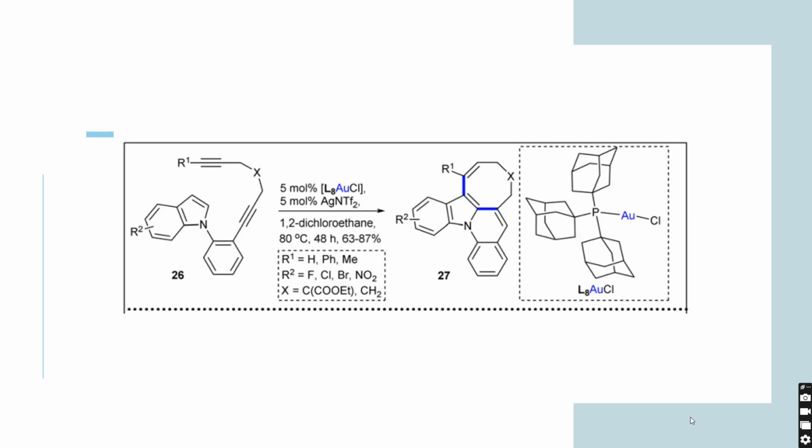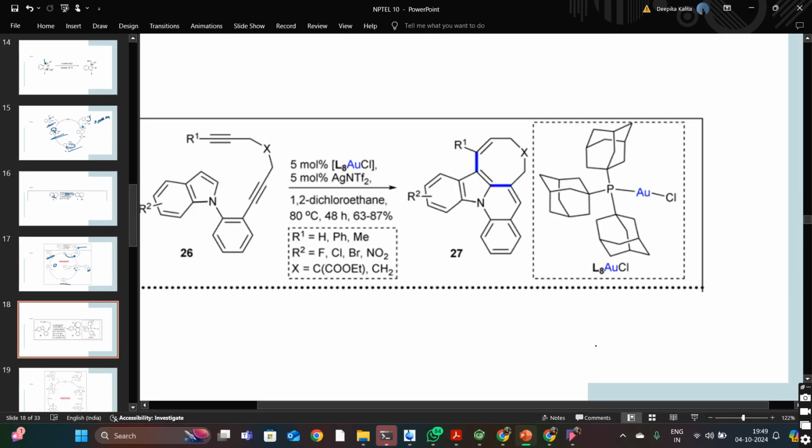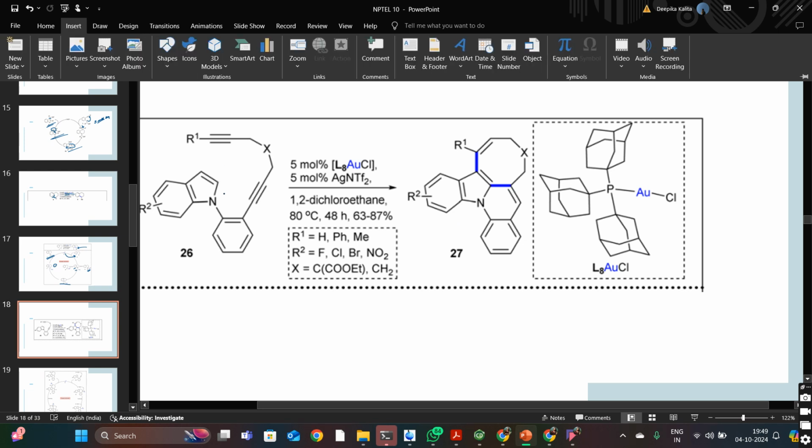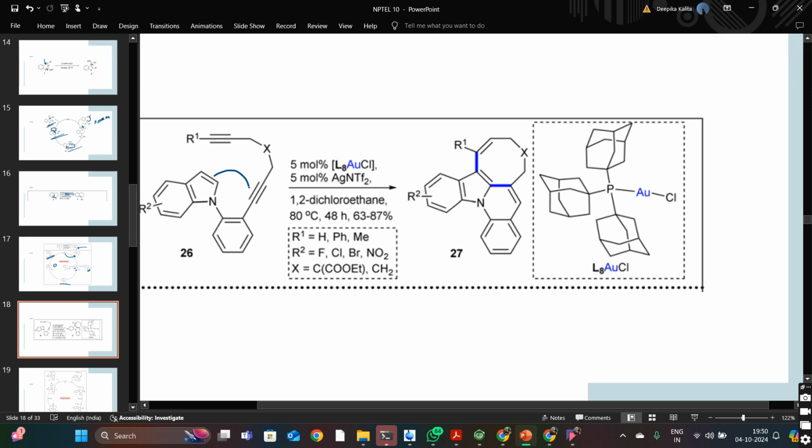Moving to the next question. So here you see that two different cyclizations are happening as a net result. Okay, because from the substituted indole we are first going to cyclize this alkyne and then we are going to cyclize this alkyne.